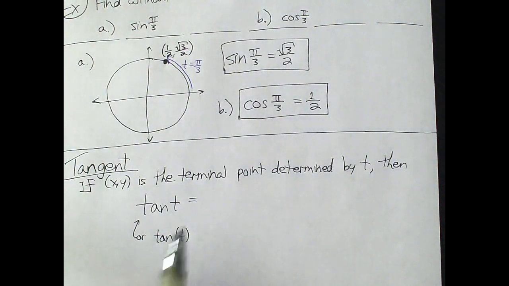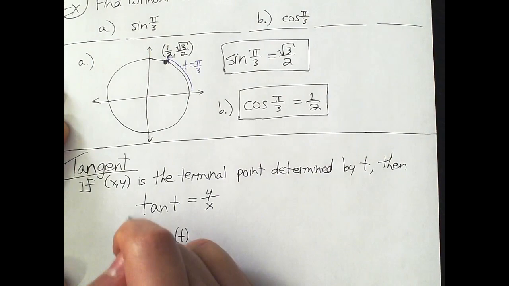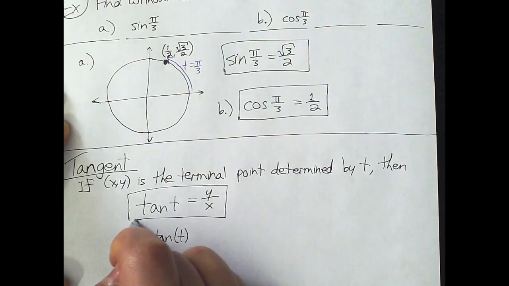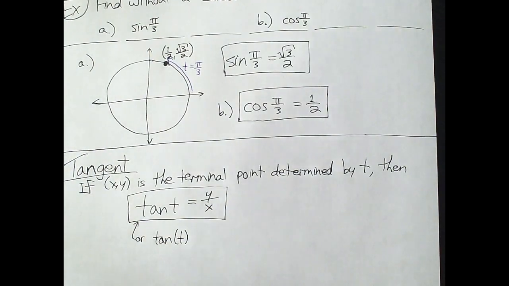So it can't be that simple. It turns out we define this one to be y over x. So it's still a pretty simple little formula. In fact, it's the ratio of one of the coordinates divided by the other.